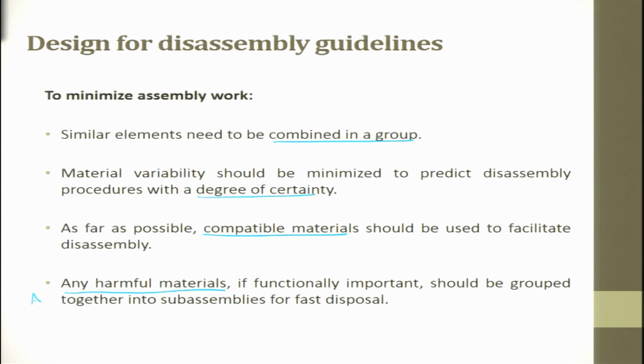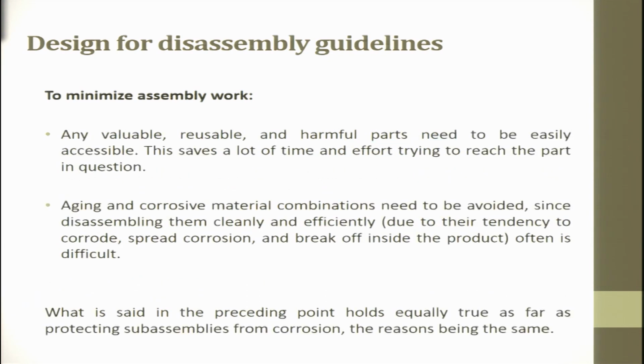So, this is also very important when we look at dismantling. Any valuable, reusable and harmful parts need to be easily accessible. Keep this in mind. Any valuable, reusable and harmful parts should be easily accessible.